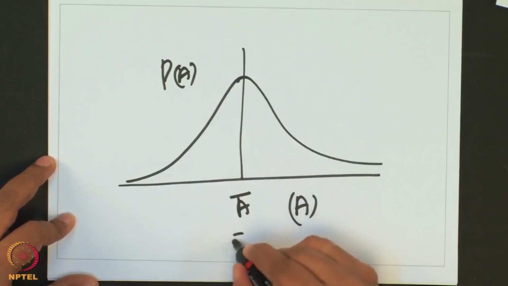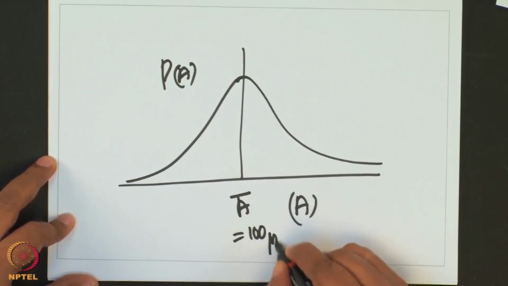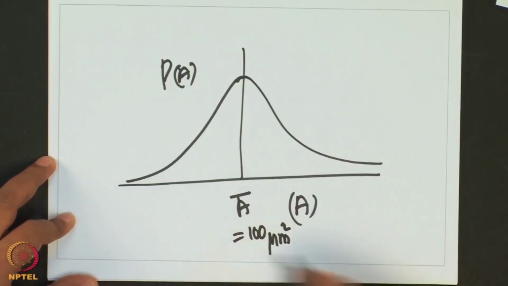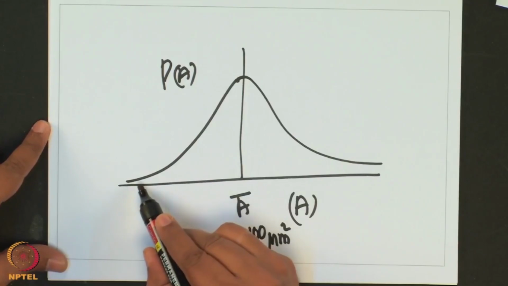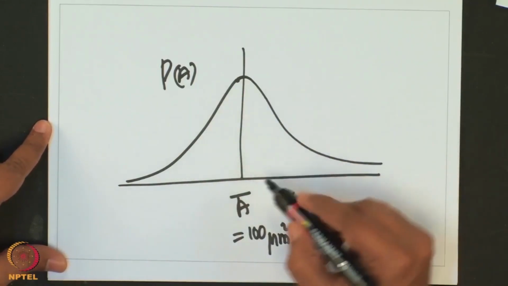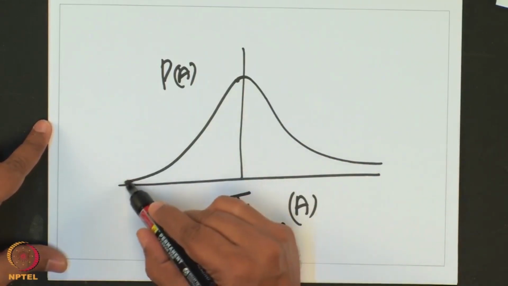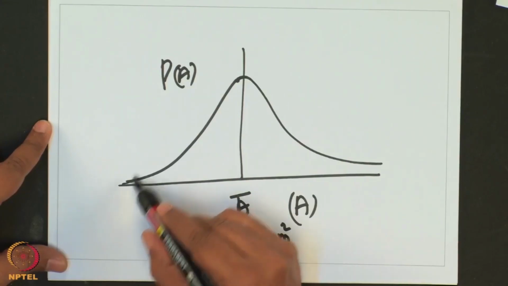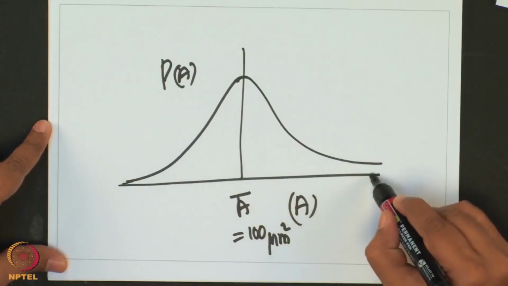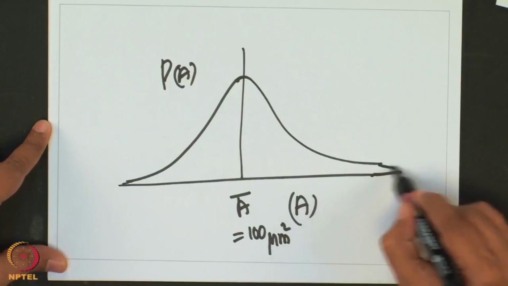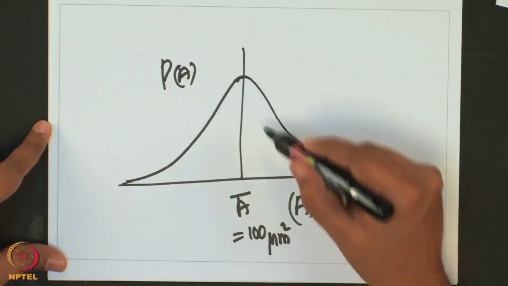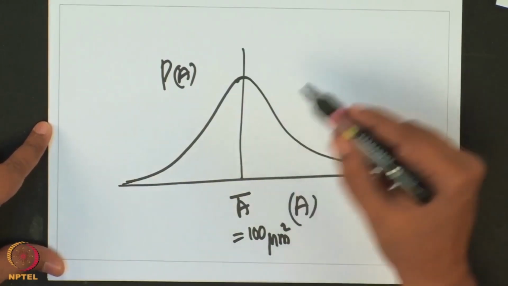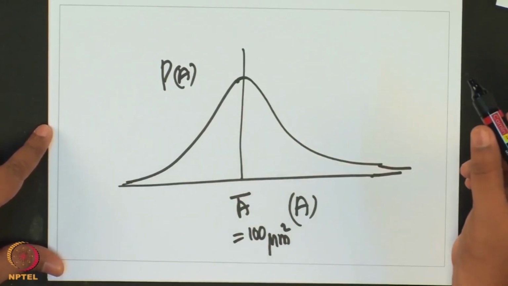So, let us say a bar is 100 micrometer square. What does this curve mean? This curve means the probability to get a very small area is small. The probability to get a very large area is also very small. The probability to get an area around this 100 micrometer square is very large. That's what this essentially means.